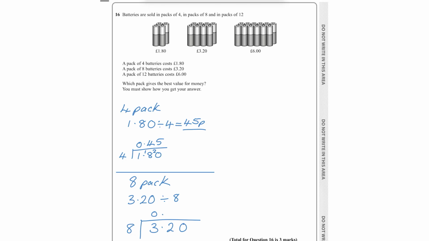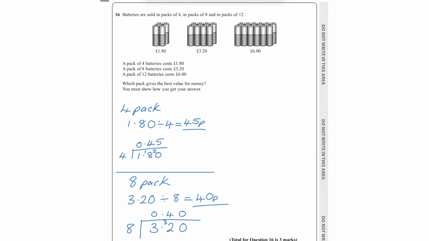Decimal point the same place. Carry that 3. 8's into 32, that goes 4. And 8's into 0 is 0. So that one's cheaper, which we would expect. There's more. Usually a greater pack will be cheaper. You would expect now the 12 might be cheaper, but don't assume. So that's going to be 40p. And again, we'll underline that.